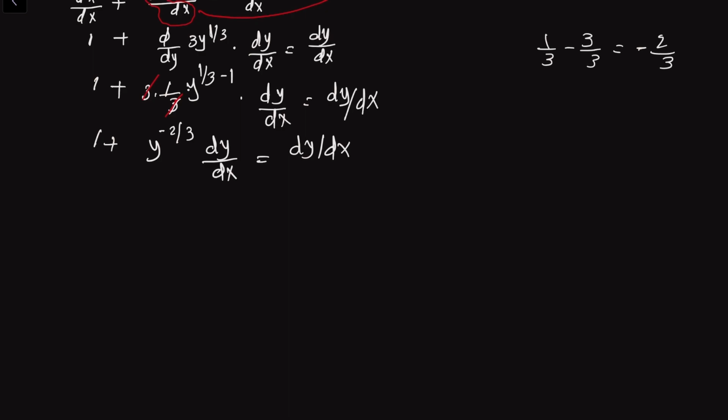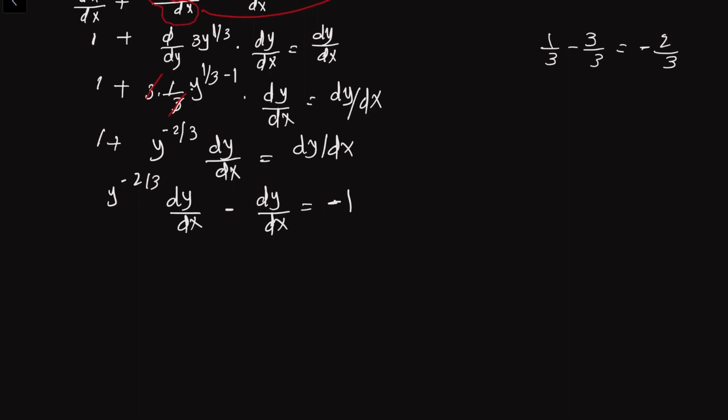Okay, then let's get all the dy over dx on one side. You can say y to the negative 2 over 3 times dy over dx minus dy over dx equals minus 1. So we're going to subtract 1 from both sides, and we're going to subtract dy over dx from both sides.